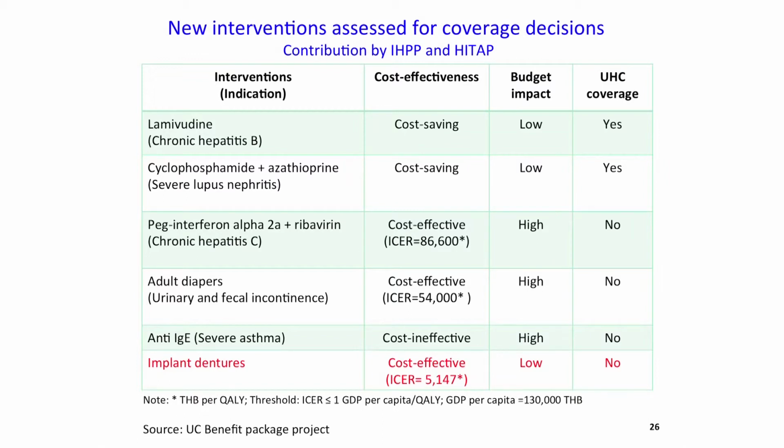If it is cost saving and low budget impact, but limited capacity to provide services, the decision is no. For example, implant denture, it will create inequity because people in Bangkok and major cities will enjoy this benefit. If cost effective, but the budget impact is so high, the decision is no, such as treatment of hepatitis C and adult diaper, to name a few.